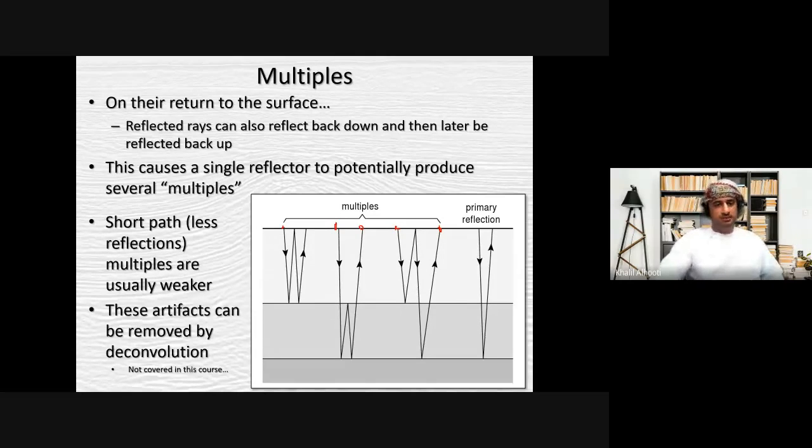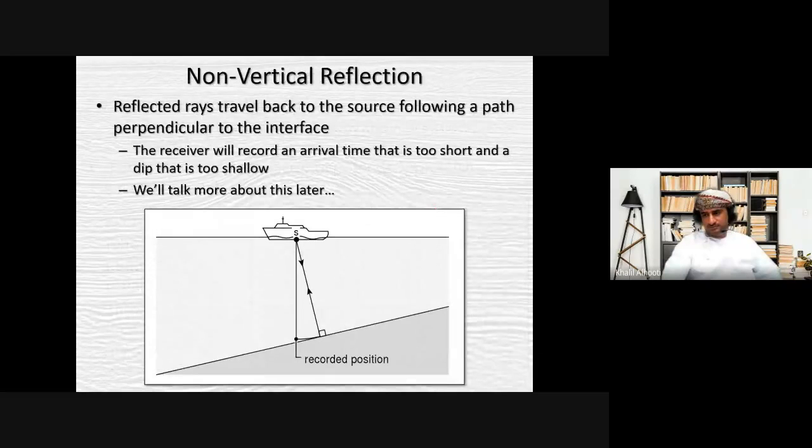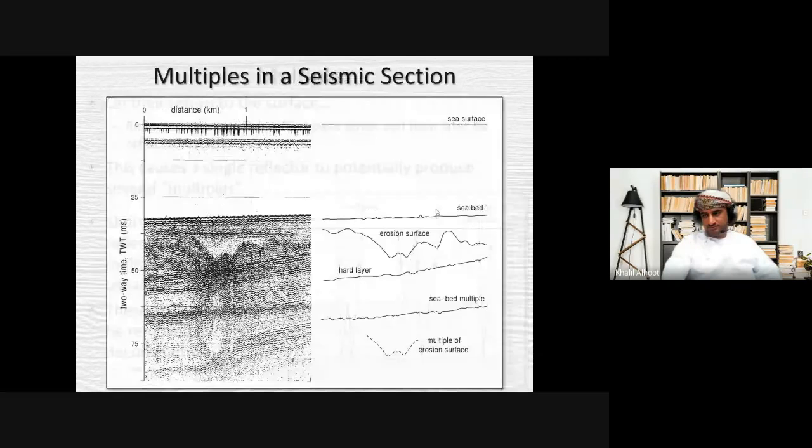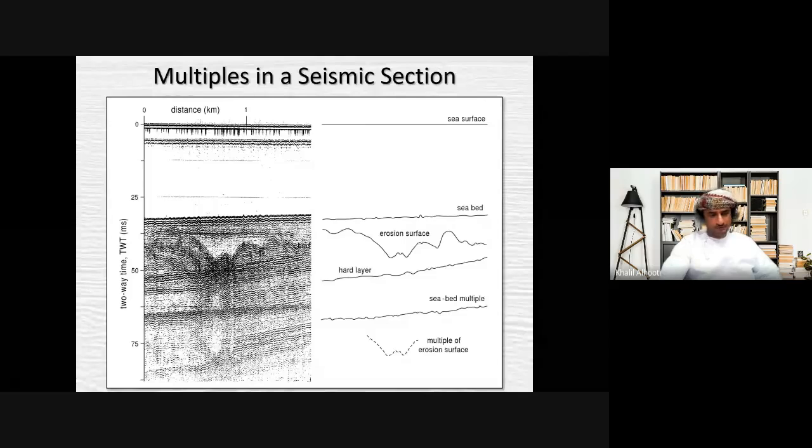Can you give me an example of a strong reflector? What do you think can be a strong reflector? Sea floor. Good, Ryan. That's amazing.